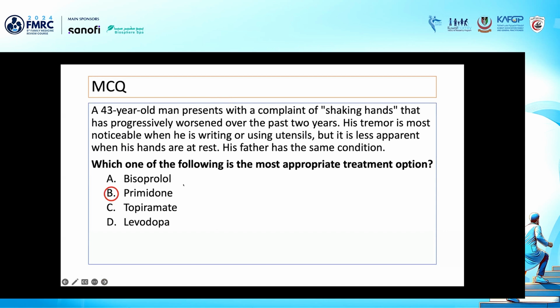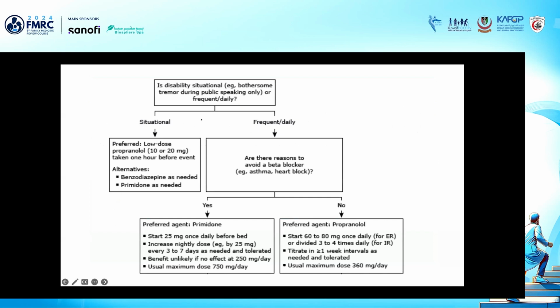Bisoprolol is actually not appropriate: the first-line treatment is a non-selective beta blocker, and bisoprolol is a selective beta blocker, so it has no role in the management of essential tremors. The other option, which is also sometimes indicated as a first-line treatment option, is primidone, which is an anticonvulsant.